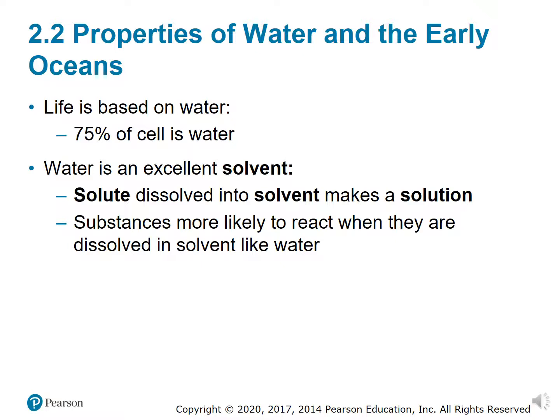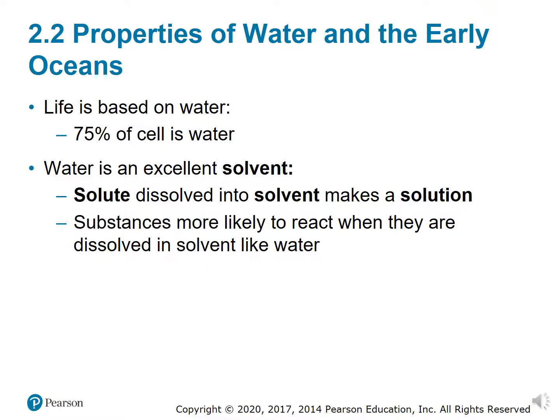So solutes are dissolved in a solvent, and the two of them together make a solution. So for example, if I'm making spaghetti and I put salt in my water and boil it, the water is the solvent and the solute is the salt, and the two of them together is a solution.